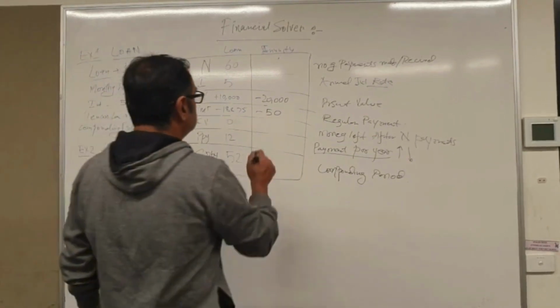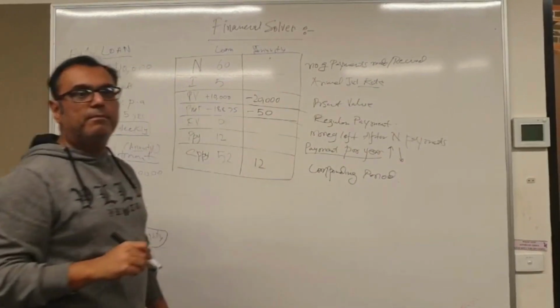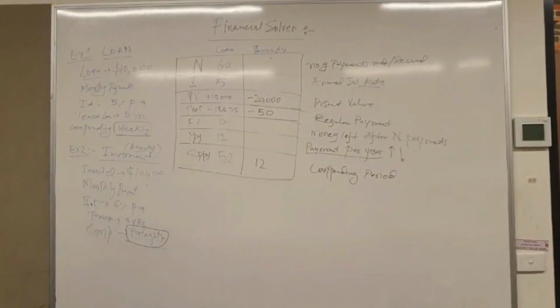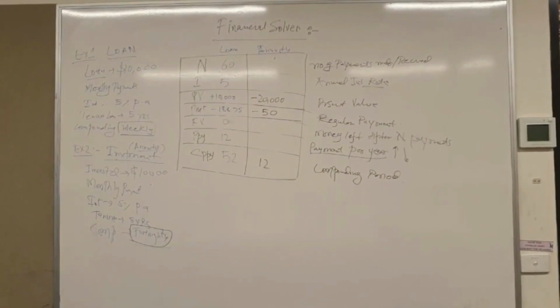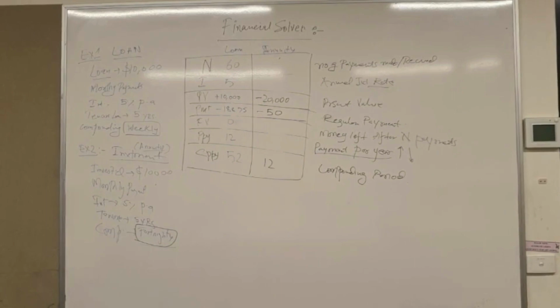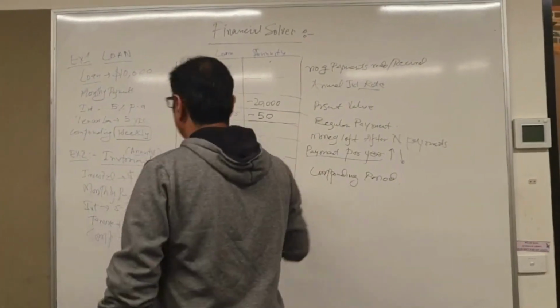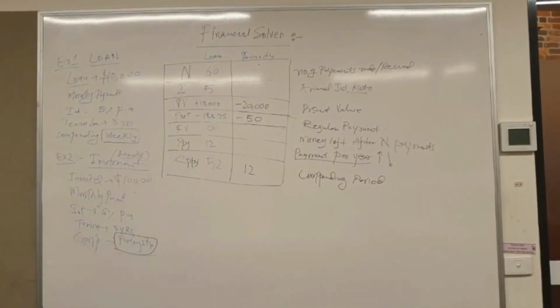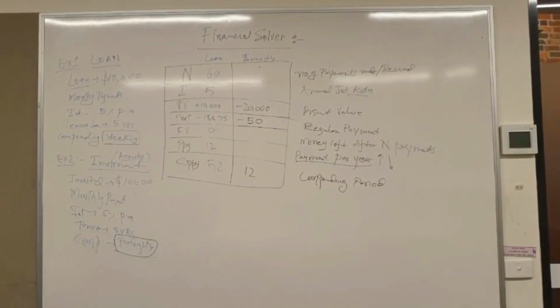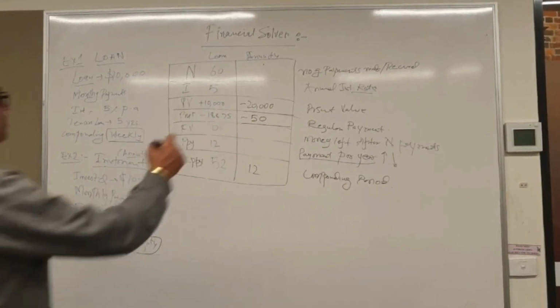How many payments is she making? 120. Yes? Why so? Because it's for 10 years, but she's doing it monthly. And she's adding it monthly, is it? Correct. 120.